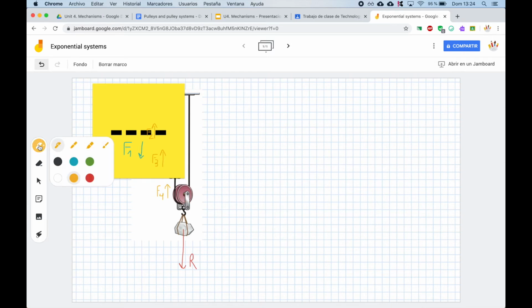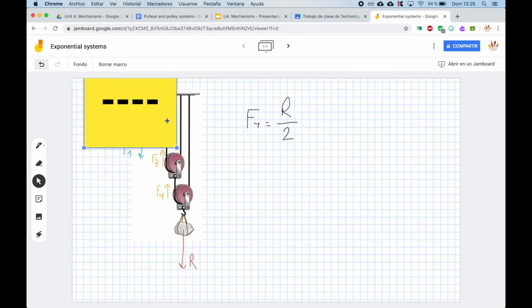So let's see what we have to do. In this case, we know that F4 is going to be reduced by half. So it's going to be the resistance, R, divided by 2. Okay? So that's it. We know now the force F4.